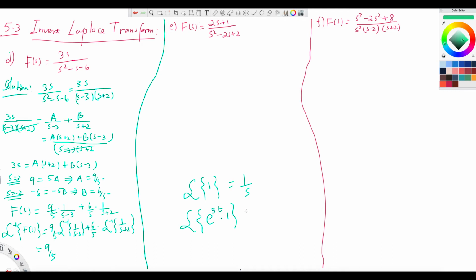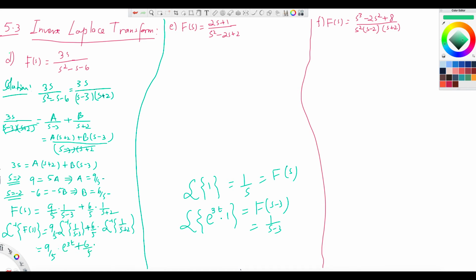If this is F of s, then it should be F of s minus 3, so replace s by s minus 3, and it will be 1 over s minus 3. So the inverse Laplace transform of 1 over s minus 3 is e to the 3t. So I will write e to the 3t, times, plus 6 over 5.